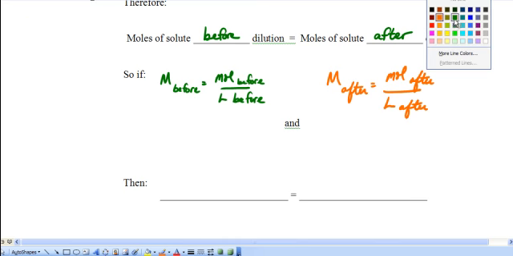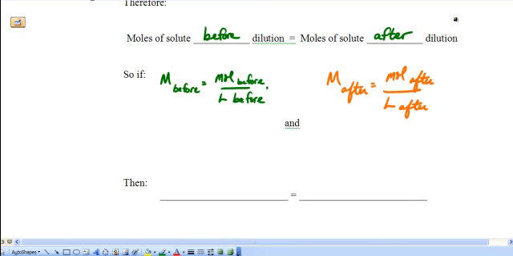And if we rearrange these equations, we're going to multiply the liters before over to the other side. So multiply by liters before. That means that these terms are going to divide out here and here. And if we do the same thing to the other equation, multiply by liters after, these two will divide out.